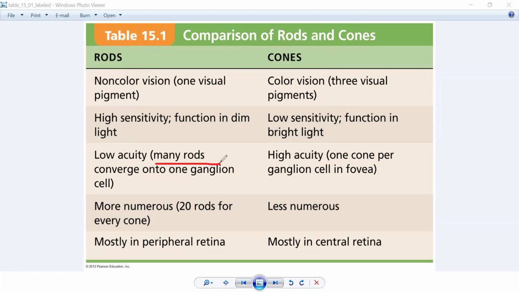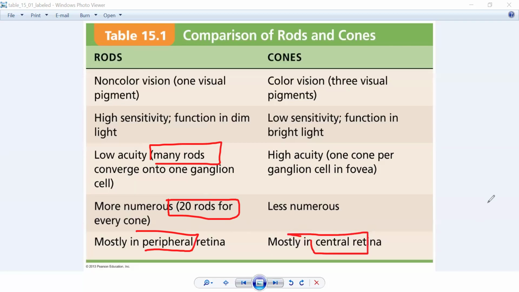And again, you have more rods than you do cones. It says here you have about 20 rods for every one cone. Rods are more for peripheral vision, whereas cones are more for central vision. Remember, the job of the lens is to focus light where there's nothing but cones, called the fovea centralis.